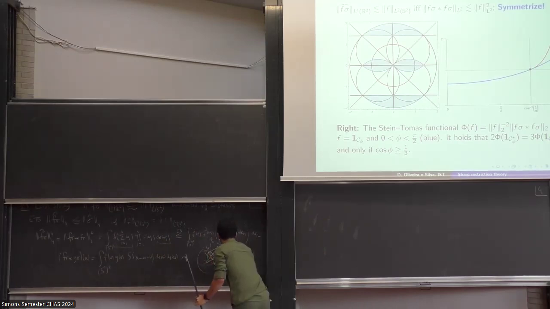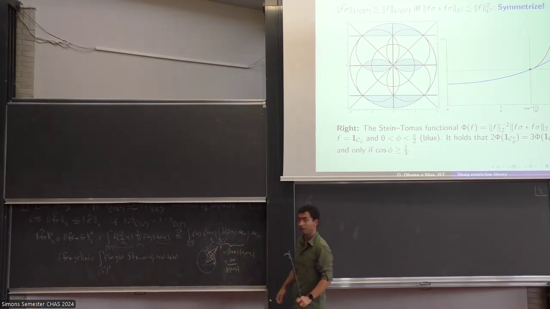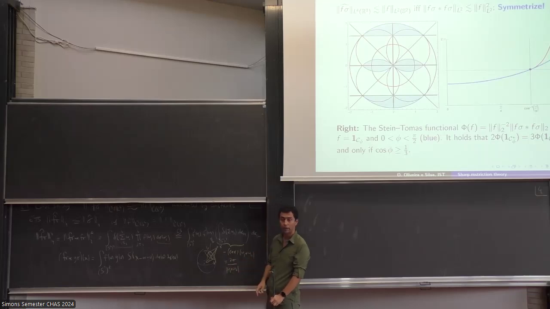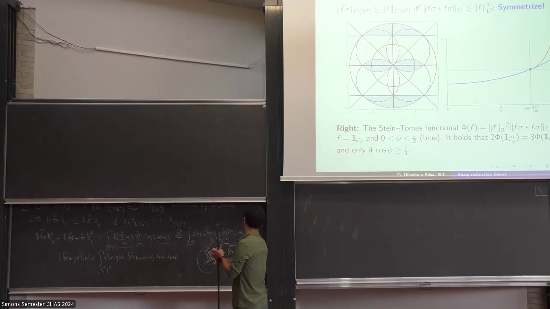Now we know that this guy is 2 pi over omega 1 plus omega 2. And what you have is a double integral of f squared omega 1, f squared omega 2, the 2 pi doesn't really matter, divided by omega 1 plus omega 2. There's no way that this thing is bounded by the appropriate power of the norm. It's just not true.